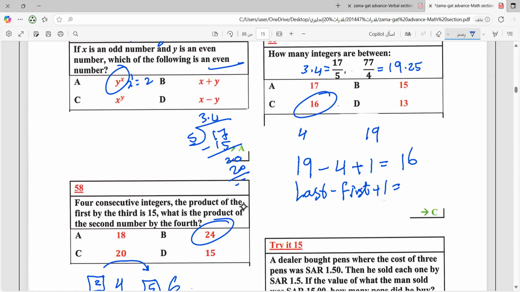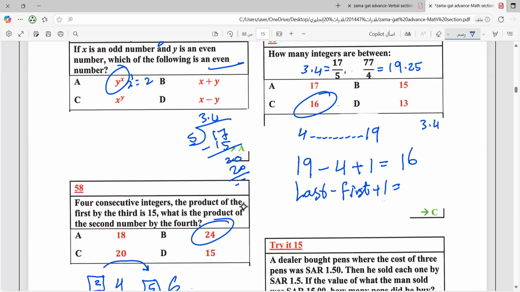Yes, okay. 77 over 4, same. So the numbers between 4 and 19, the last minus 4 plus 1. Why did you say 4 and 19, not 3 and 19? Because it said between them.